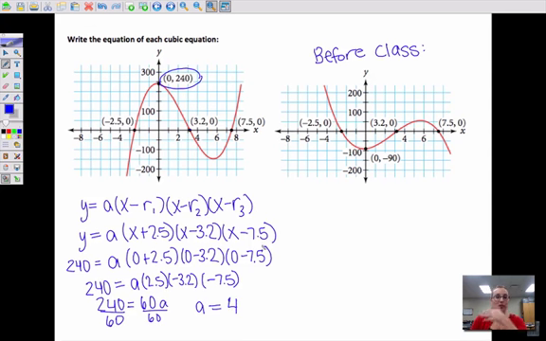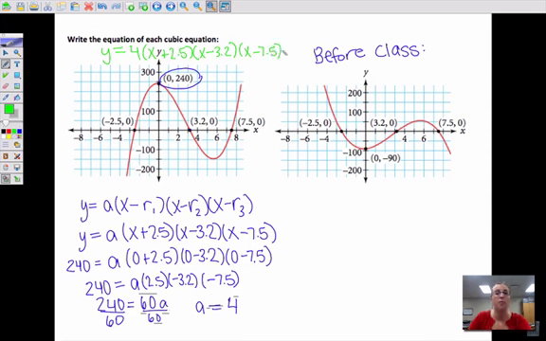And so then the final answer for my equation will be y equals 4 times x plus 2.5 times x minus 3.2 times x minus 7.5.